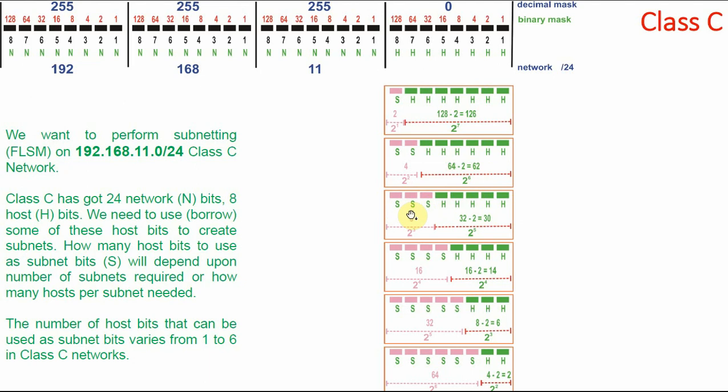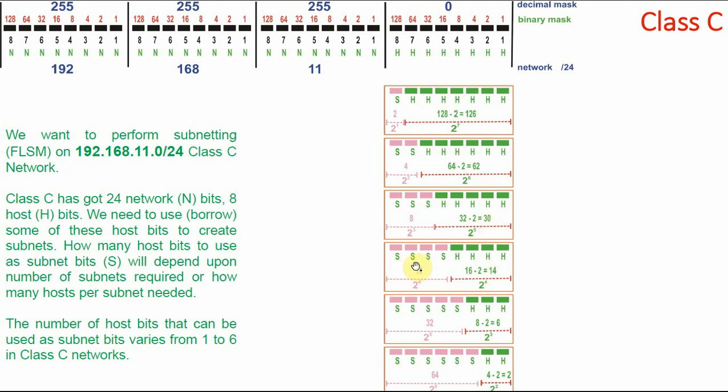Then if we use 3 bits, or we borrow 3 host bits as subnet bits, how many subnets are possible? 2 power 3, that means 8. And how many host bits remain? 5. 2 power 5 is equivalent to 32, minus 2, total 30 hosts per subnet are possible.